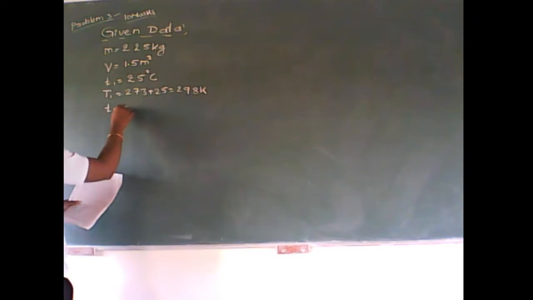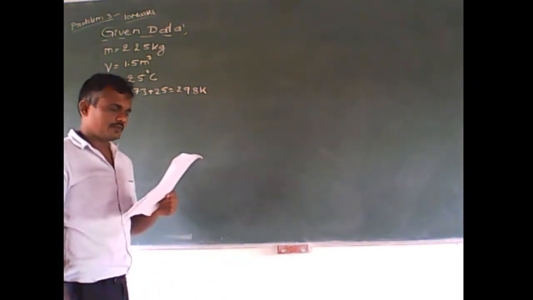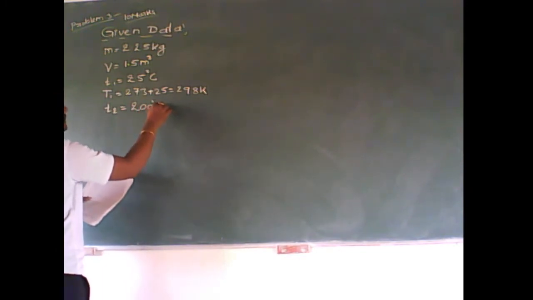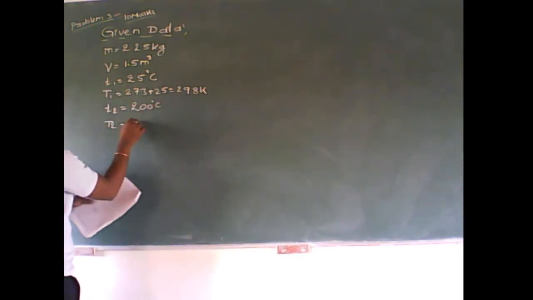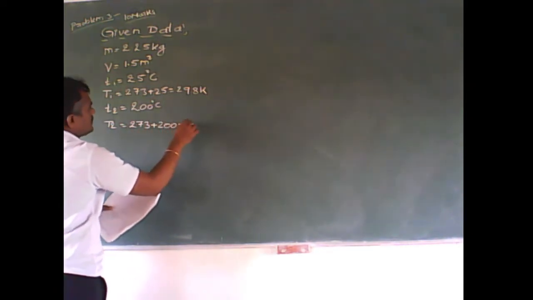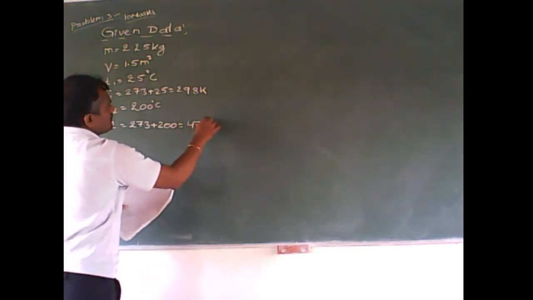T2, the temperature after heating, is increased to 200 degrees Celsius. T2 is equal to 273 plus 200, it will give you 473 Kelvin.